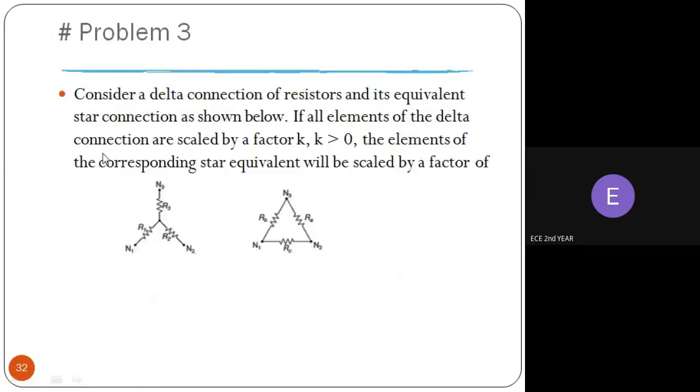Here the scale factor k is applied to the resistances R1, R2 and R3.